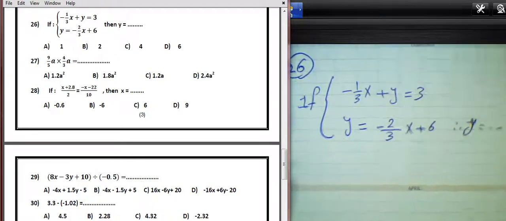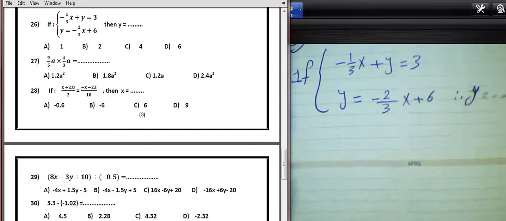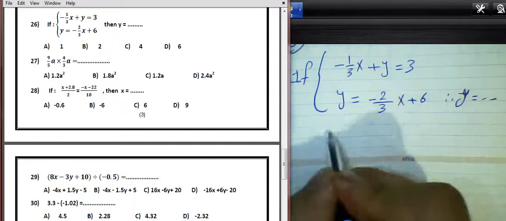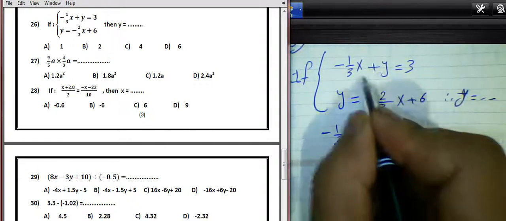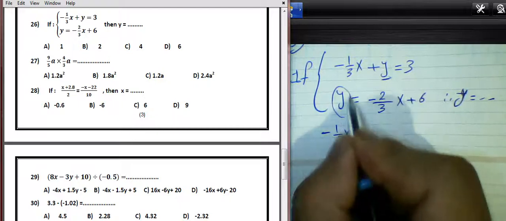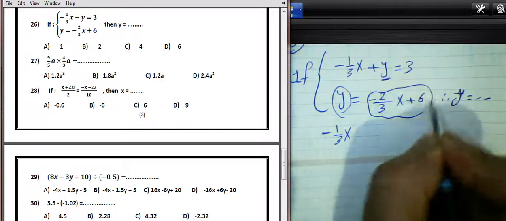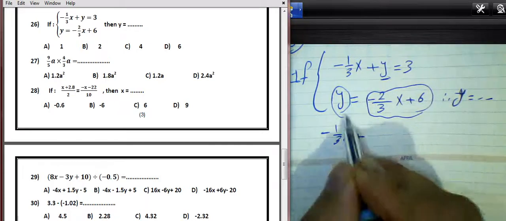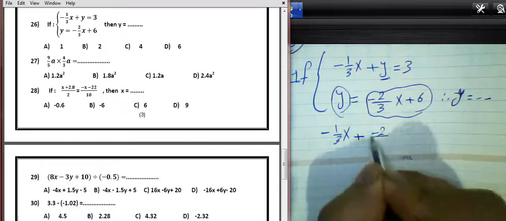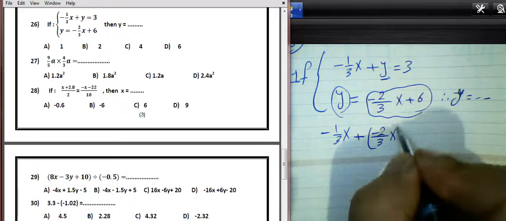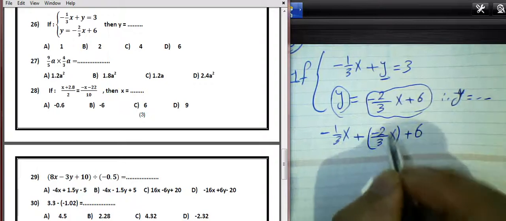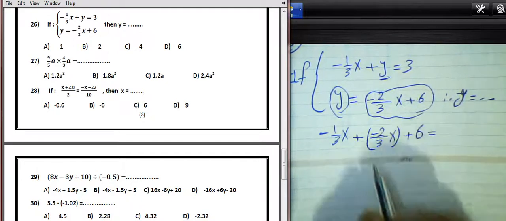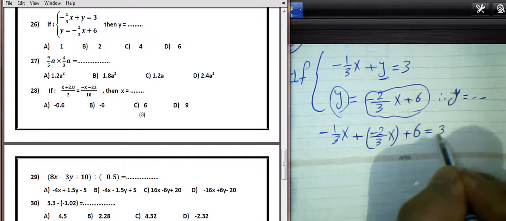First we can write negative third x plus y. We can write negative 2 over 3x plus 6 here. Let y equal negative 2 over 3x plus 6, and we'll complete the equation equal 3.